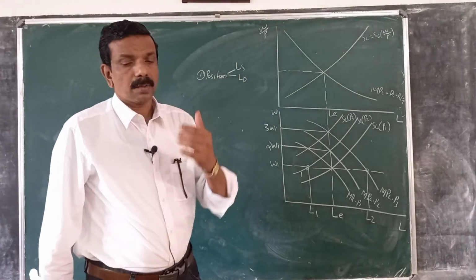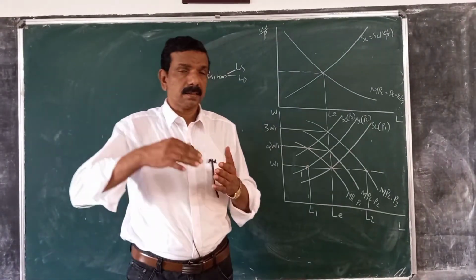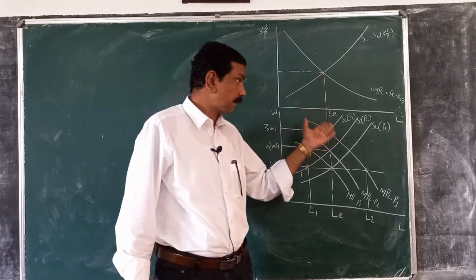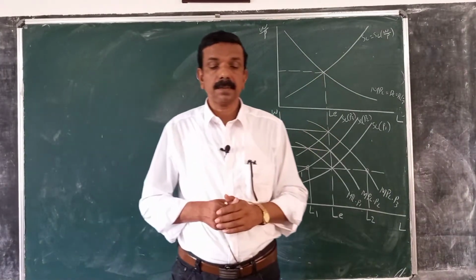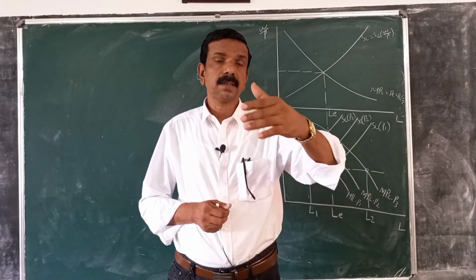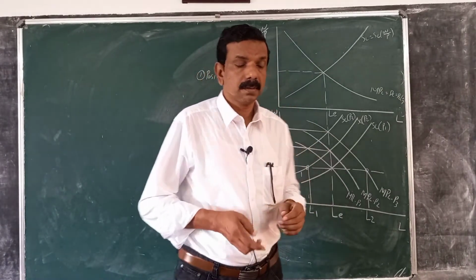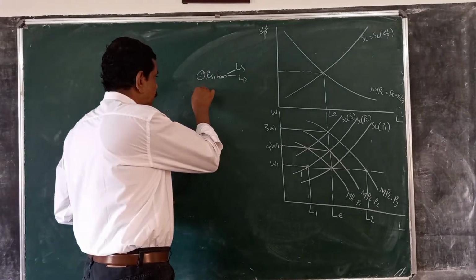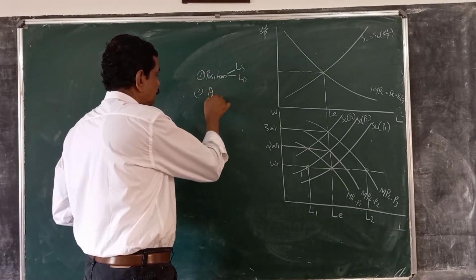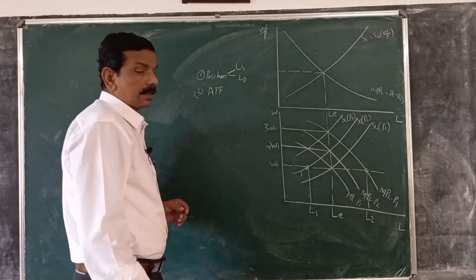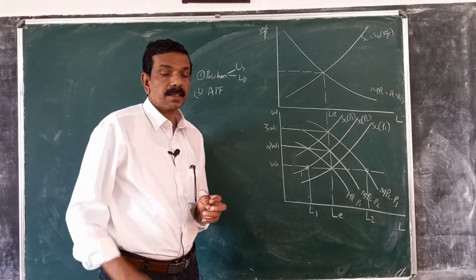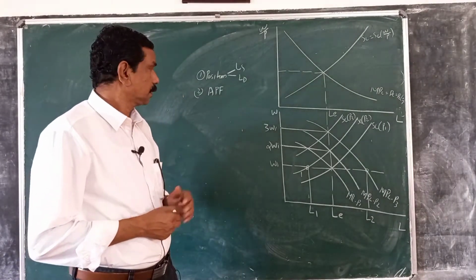In the classical model, factors that determine the level of employment and output are the factors that determine the position of labor supply and labor demand curves, and also the position of the aggregate production function.